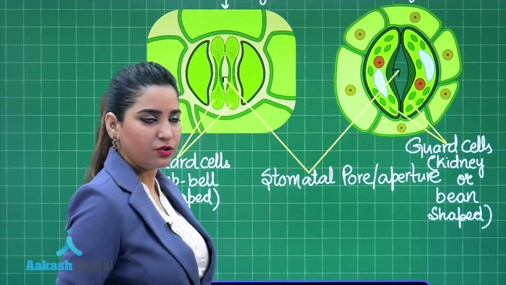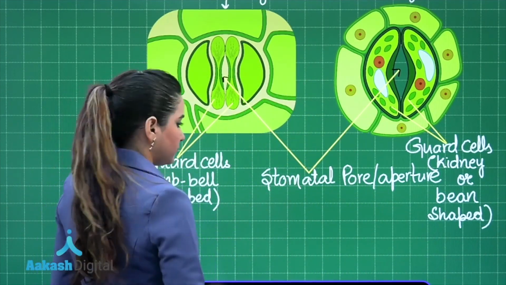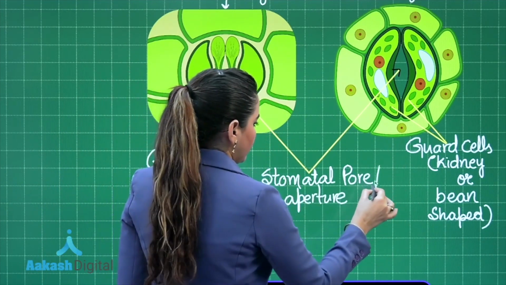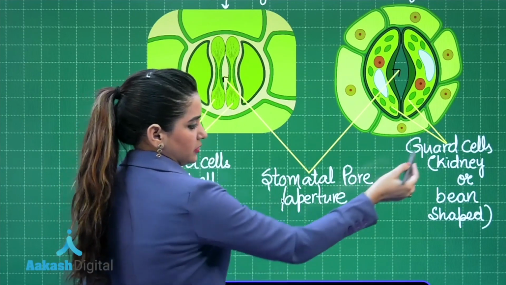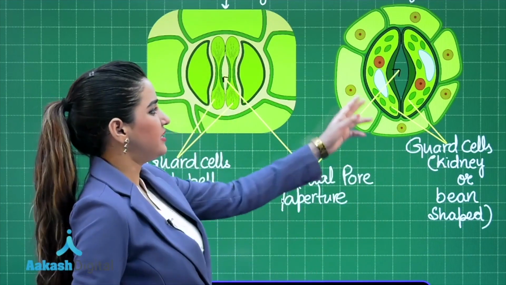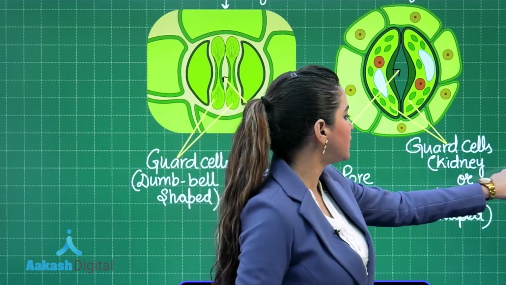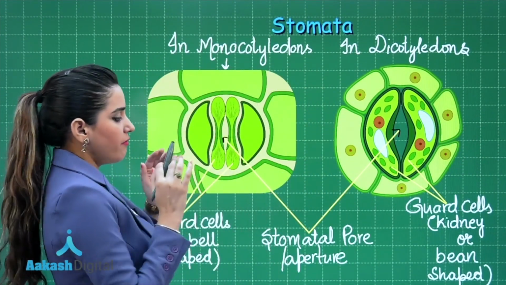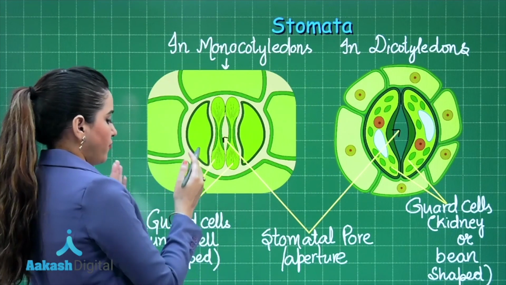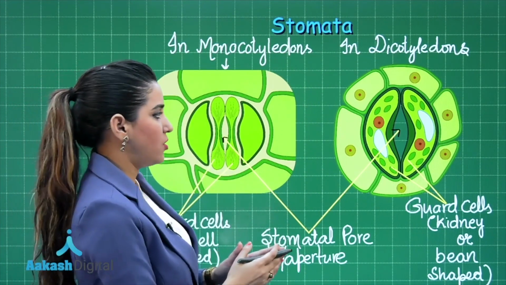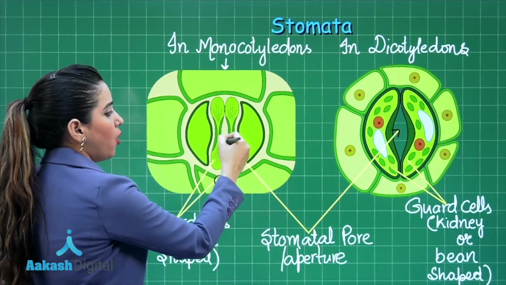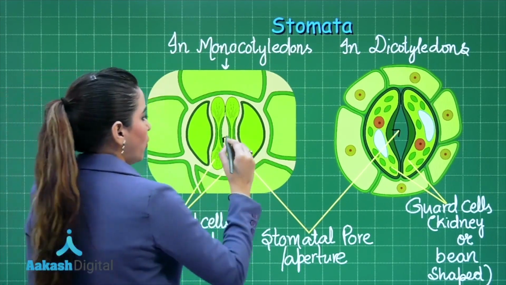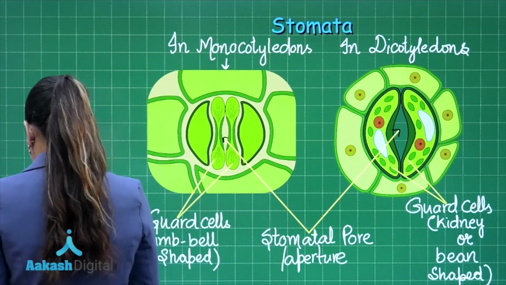Fine? You get that? I'm going to drag this aperture word here so that you have full space to see what I've written with respect to guard cells. Guard cells in case of dicots are bean shaped or kidney shaped. Now, one more important point. Even in case of monocots or in case of dicots, the inner walls of guard cells are thicker, both in case of dicots as well as in case of monocots.